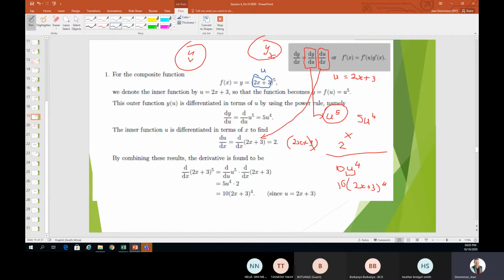So let's make it equal to u. Then we differentiated u to the power of 5. So basically we differentiated that.